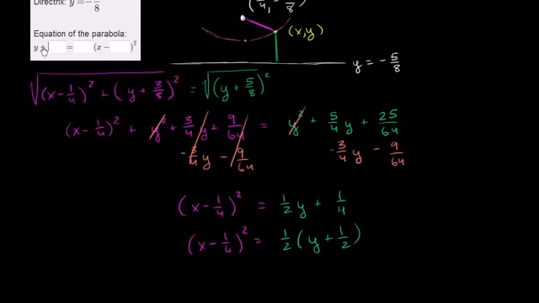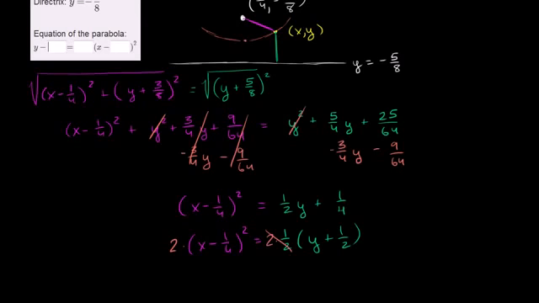And now in order to put it in the form that they care about, they just have y minus something right over here, and then something times x minus something squared. So we need to get this 1/2, this coefficient, on the other side. The easiest way I know how to do that is to multiply both sides by 2. So you multiply both sides by 2.